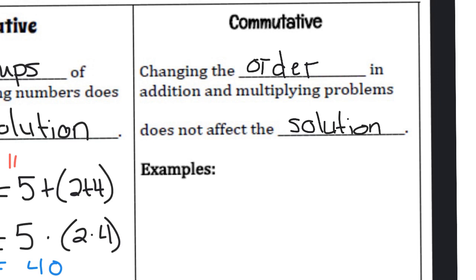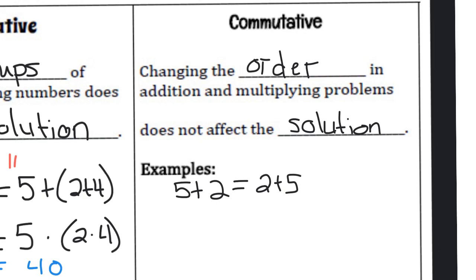Okay, so when we're talking about the order, this is an example that you learned all the way back in elementary school: if I have 5 plus 2, it's the same thing as 2 plus 5. The order that I solve them does not matter. And this is true even if I had 3 numbers.